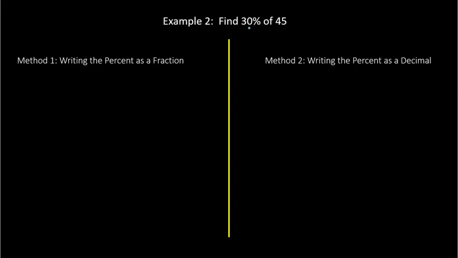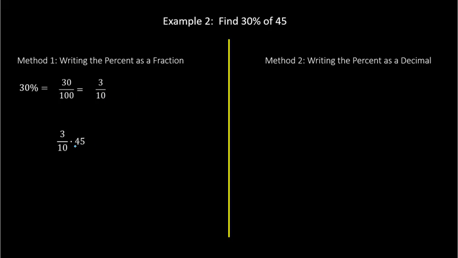So 30% as a fraction would be 30 over 100, which you can divide top and bottom by 10 to get 3 over 10. So we have simplified our fraction. So 30% is 3/10. So 30% of 45, or 30% times 45, we take 3/10 times 45.